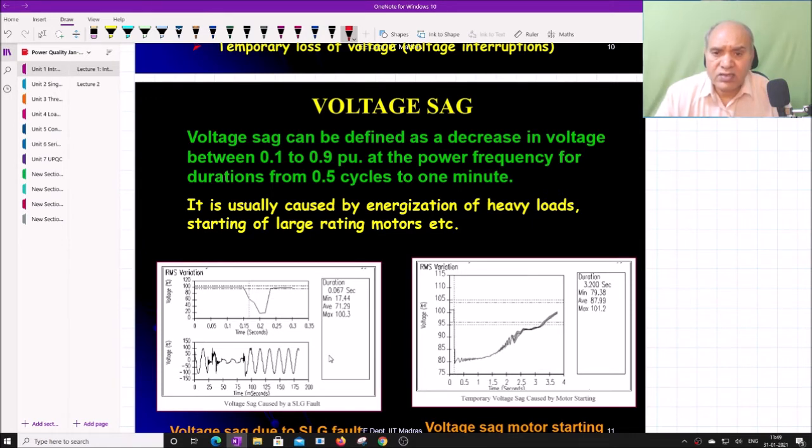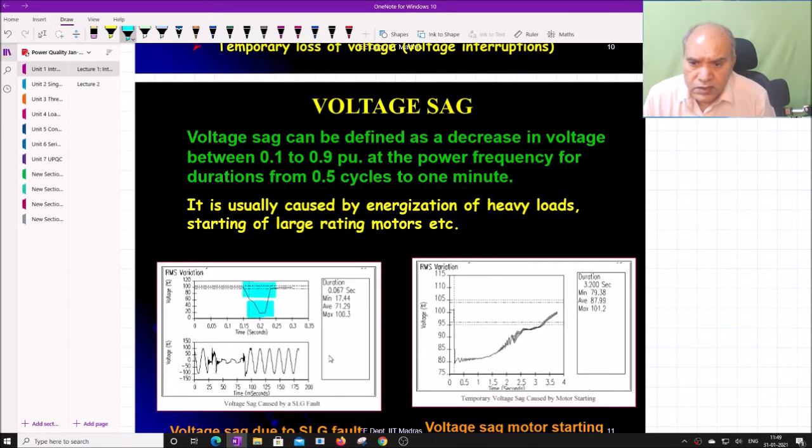These voltage sags are normally caused by energization of heavy loads, the starting of large rating induction motors or any other load. You can see here that in this particular figure there is a voltage drop, from here to here.